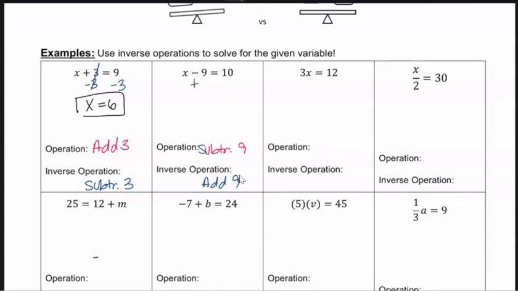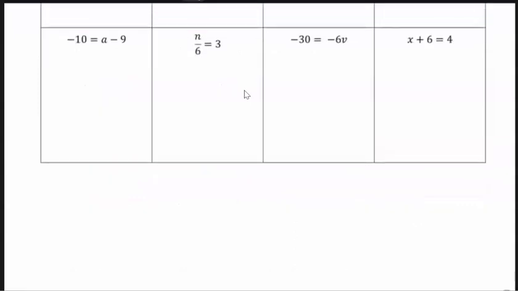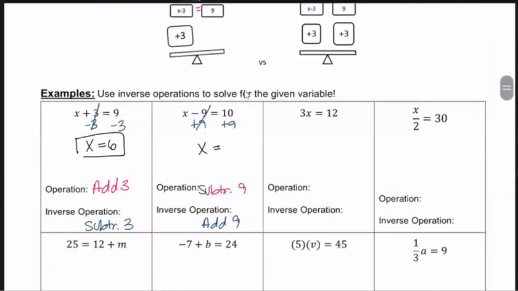So I'm going to add 9 to the left and to the right. Negative 9 plus 9 cancels out, which is perfect because I can get x by itself. 10 plus 9 is 19. x equals 19.